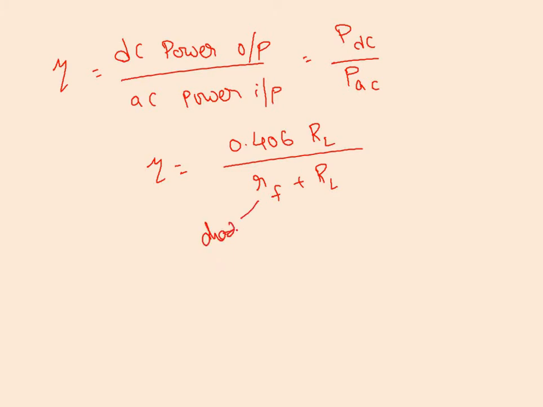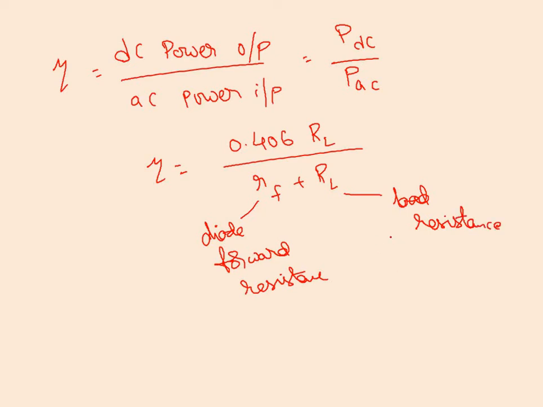the diode forward resistance in the forward bias condition, while RL is nothing but the load resistance. We have seen the diagram, right? That's what I'm speaking about.